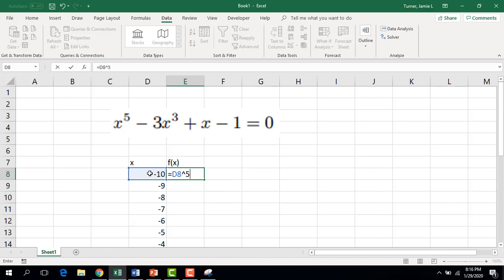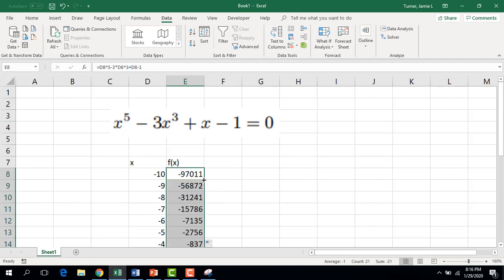So there's my x to the fifth minus 3 times x cubed. And it's really easy to type the equation in wrong. So before you hit enter, really look at that and make sure, did I get that in there right? Okay, so there's my function, and wow, we're starting with a really big negative number there. So double click and it'll copy it all the way down.